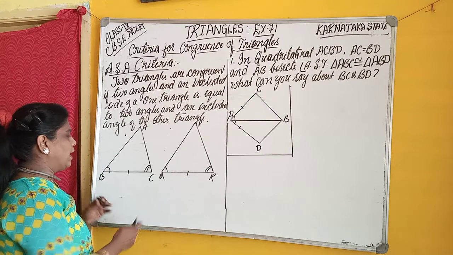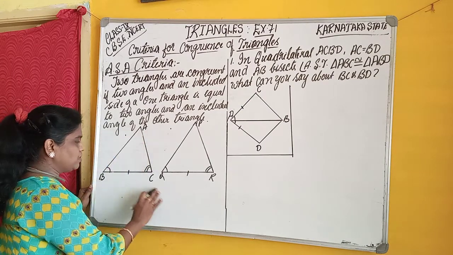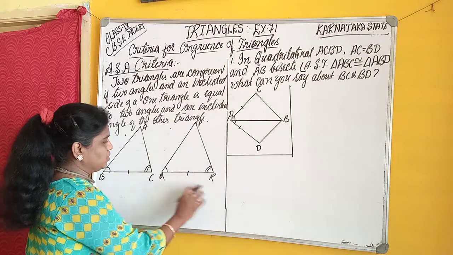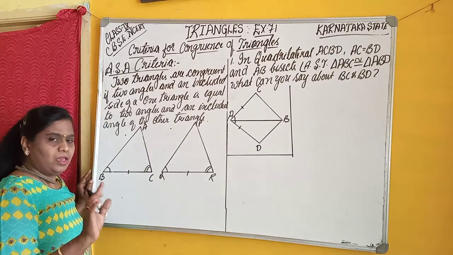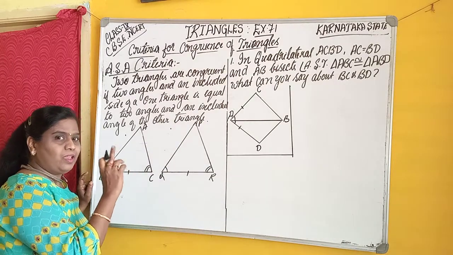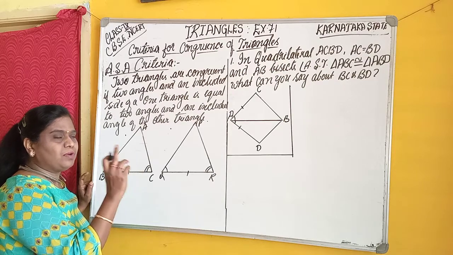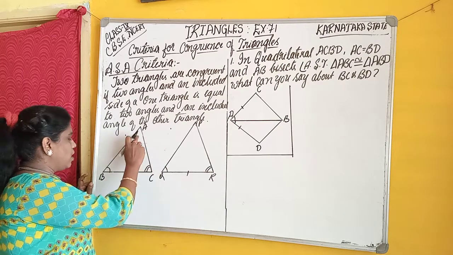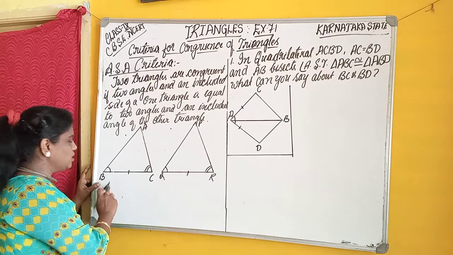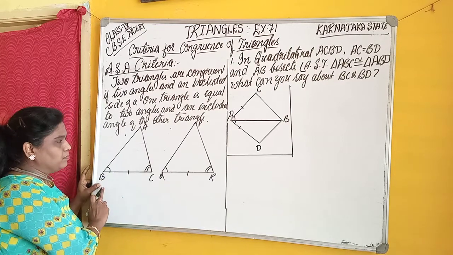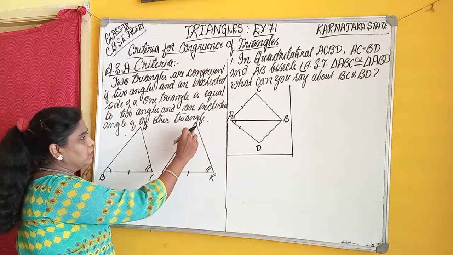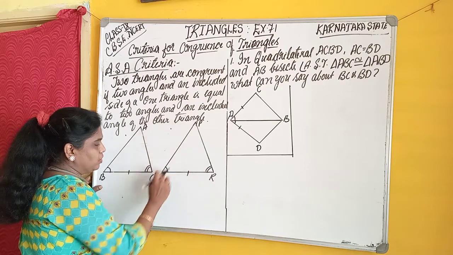Let us consider ABC is a triangle and PQR is another triangle. Let us check for ASA. A means one angle, that is angle B of triangle ABC, which is equal to angle Q of triangle PQR.